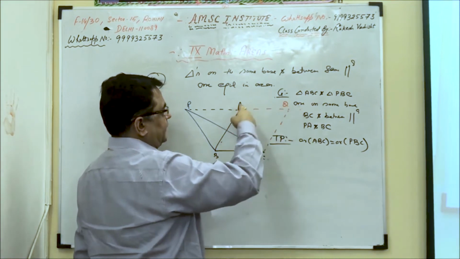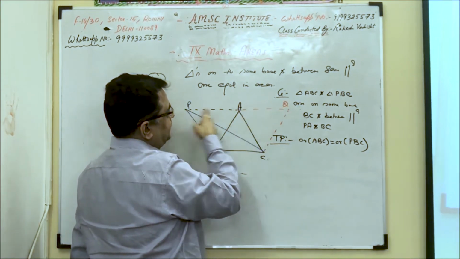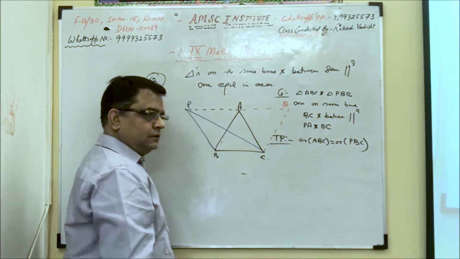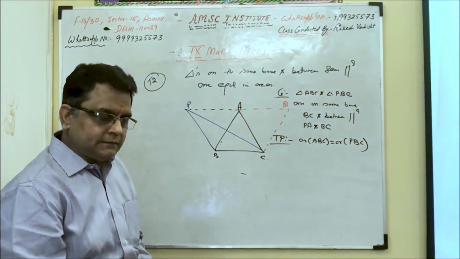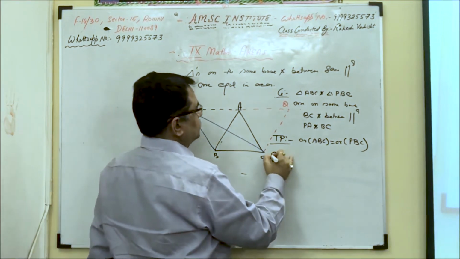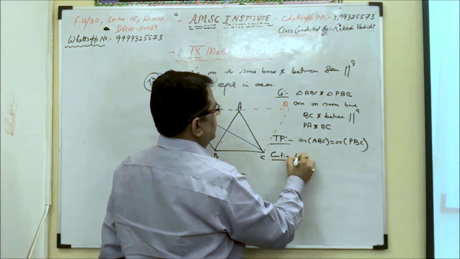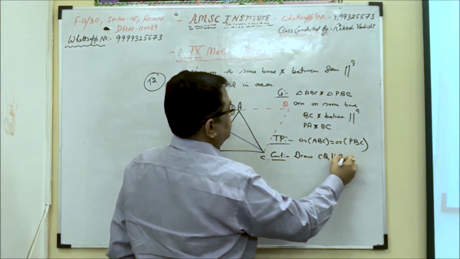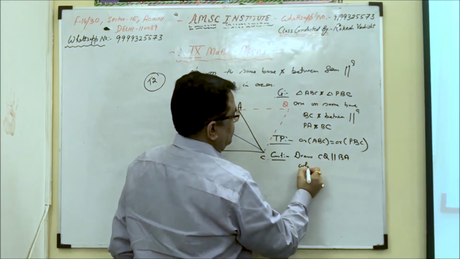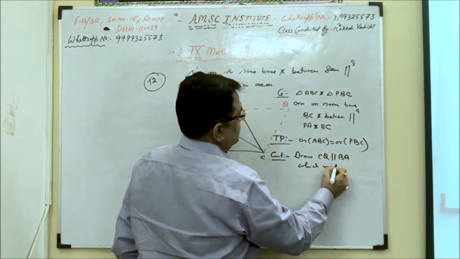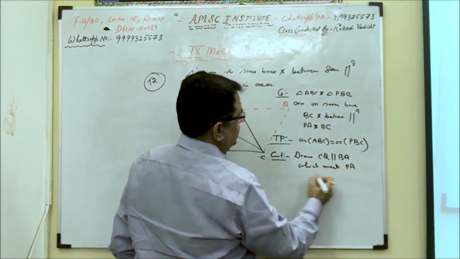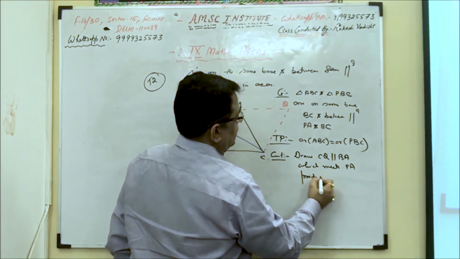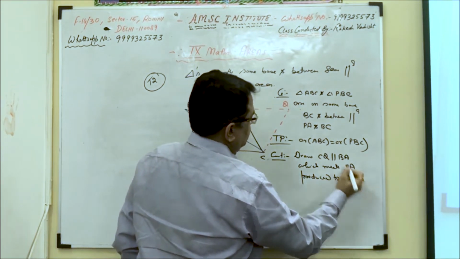CQ parallel with AB, which meets PA produced to Q. Right? Construction: draw CQ parallel with BA, which meets PA produced to Q. Agreed?